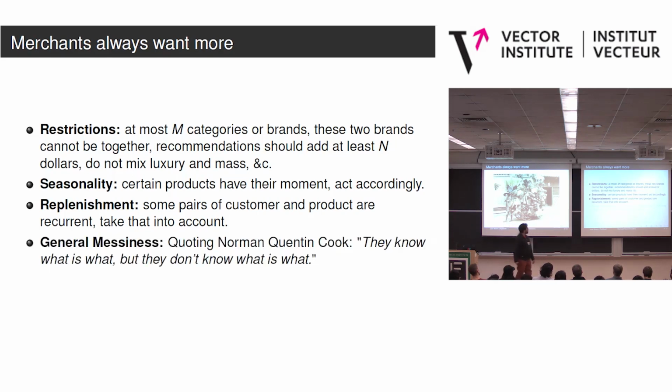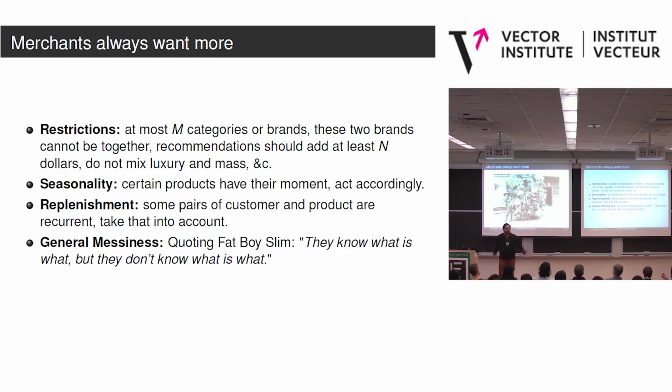Replenishment, pairs of customers and products are recurrent, take that somehow into account. Or just general messiness, they know what is what, but they don't know what is what. For instance, there is this index here, and they claim that this index identifies a product modulo versions. For instance, nail polish in different colors, the same type of thing.